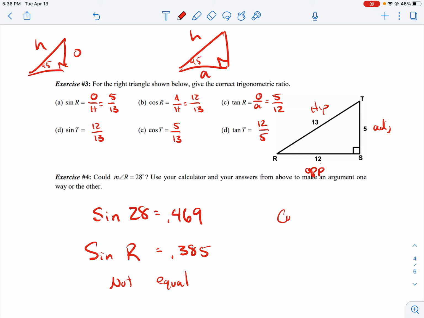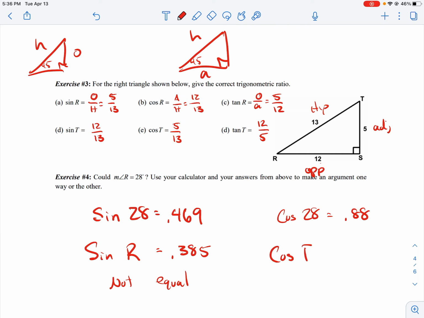And let's look at the cosine of 28. Well, the cosine of 28 is 0.88. So for any right triangle that has an acute angle of 28, that adjacent over hypotenuse ratio is always going to be 0.88. So when we look at r, we got 12 over 13.